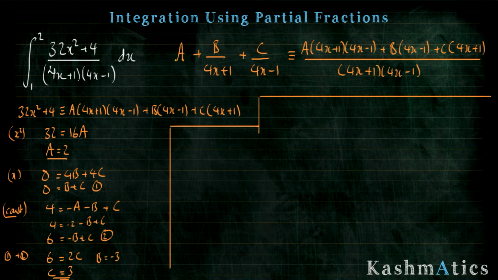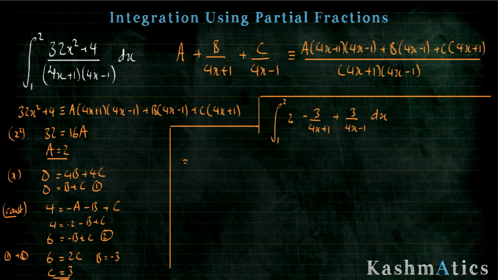The integral between 2 and 1 of a, which is 2, plus b over 4x plus 1, so that would be minus 3 over 4x plus 1, add c, which is 3 over 4x minus 1, dx.